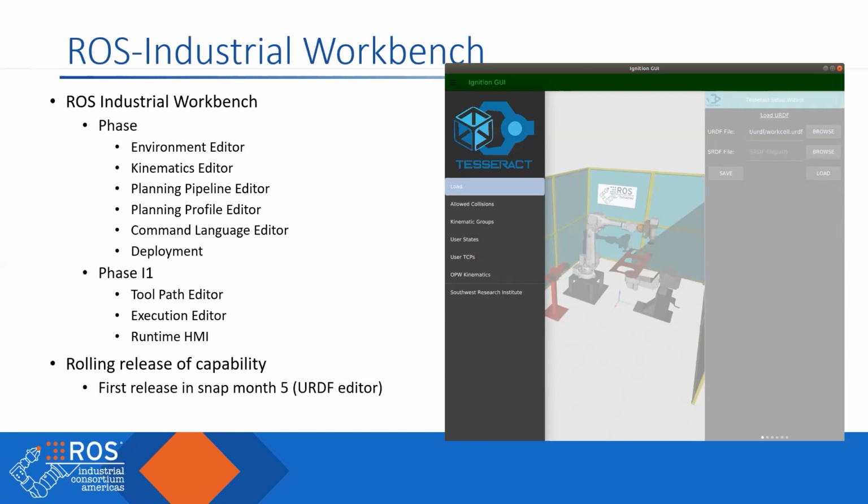The planning editor defines the costs and constraints and things like that for the different planners. And the command language editor allows you to write a teach-pendant-like program, run it through your planning pipeline, and visualize it within this workbench. We plan to do a first deployment later this year.